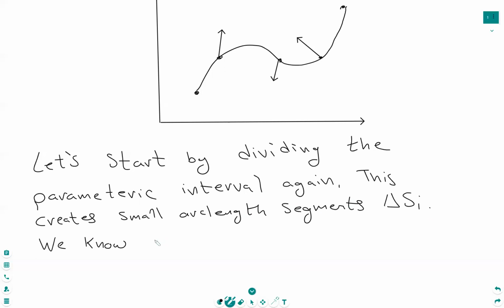We know work is defined as the dot product between F and d in a straight line.